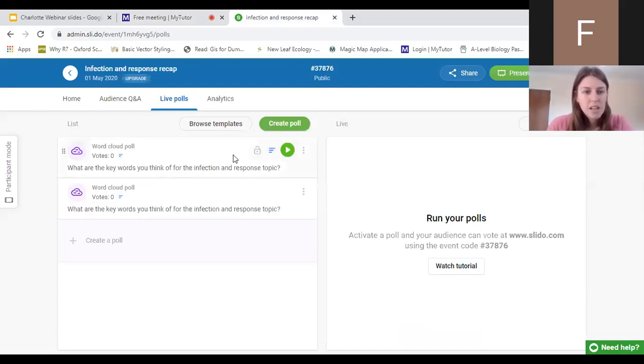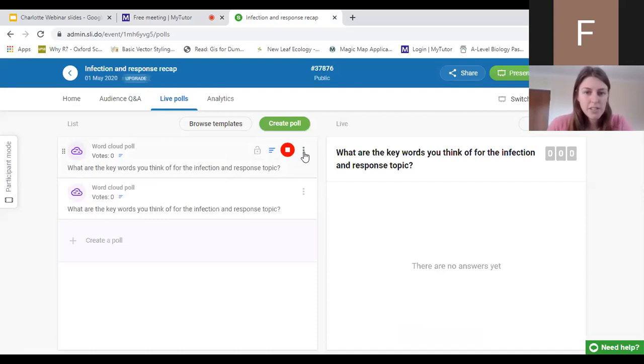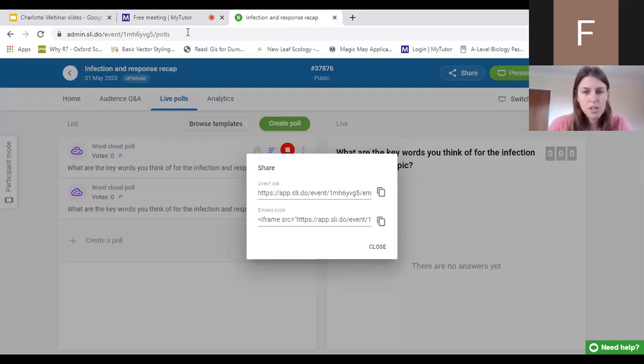So what I wanted to do, activate this and then send you the link. I'll copy the link and then I'll pop it in the chat. There we go.